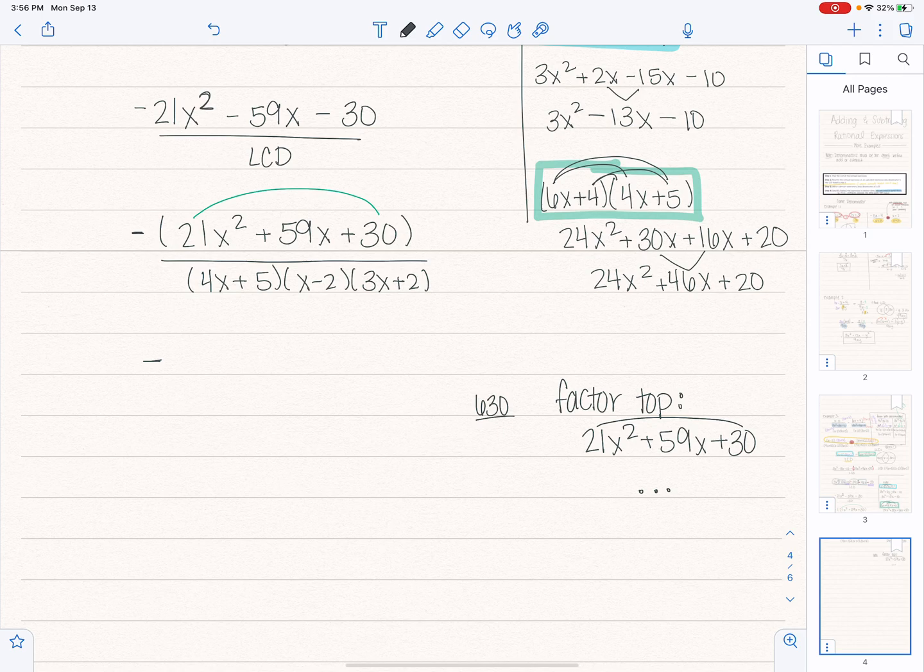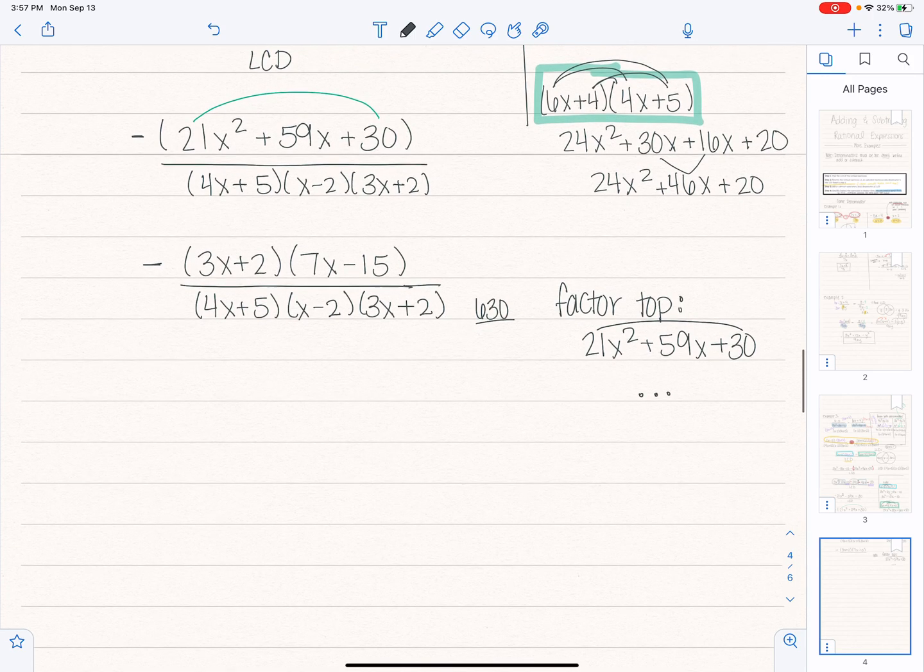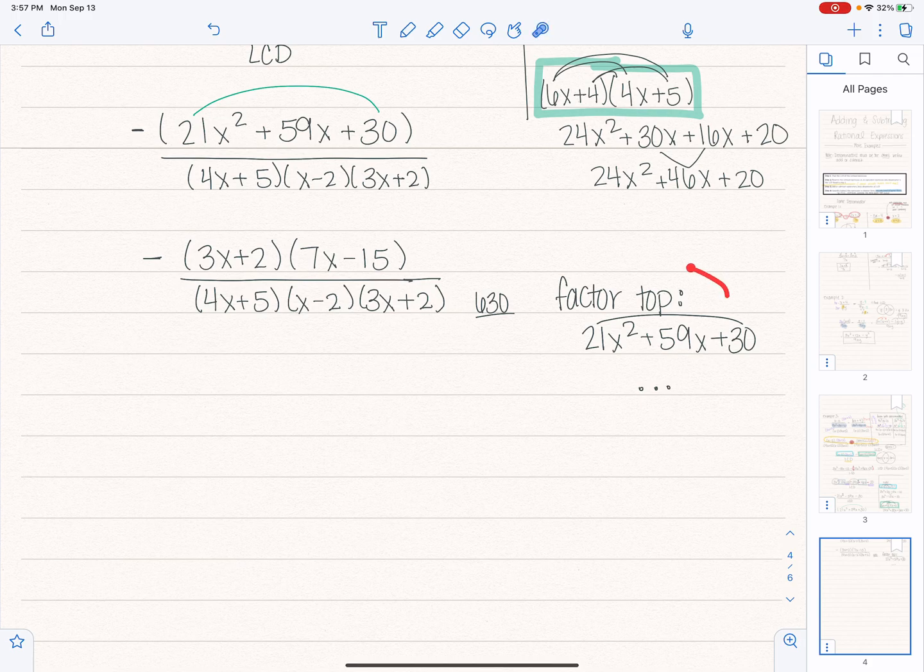But this thing does factor, and according to a computer program, it factors to 3x plus 2 times 7x minus 15, all over my LCD of 4x plus 5, x minus 2, 3x plus 2. So technically, you would factor that using rainbow, but just for sake of time, I typed it into my calculator. It factored it for me. We wouldn't have these large of numbers on the test.